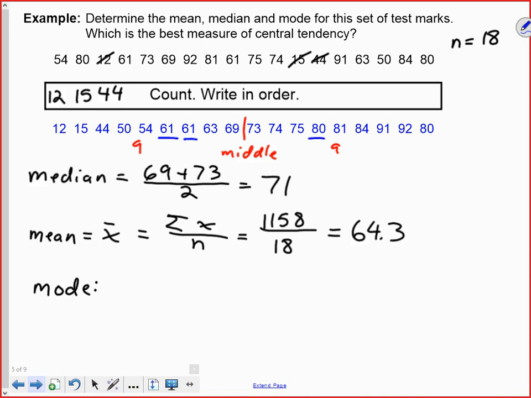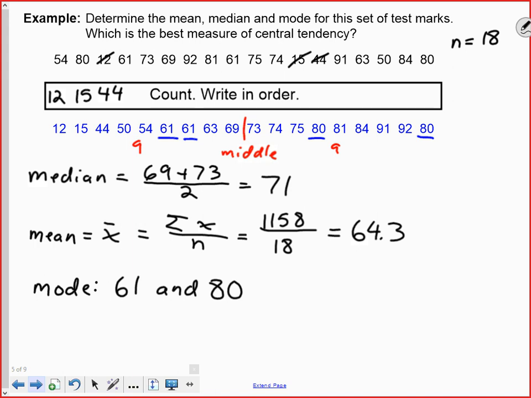We got an 80 here, and oh, that's weird. I didn't put this 80 in the right order here. Okay, that's weird. Okay. That's bad, but it's not going to affect my median, so it doesn't change my median, and it certainly doesn't change my mean. So I think I'm okay there. So this data set actually has two modes, 61 and 80.